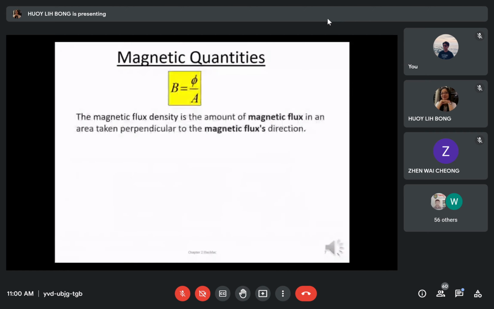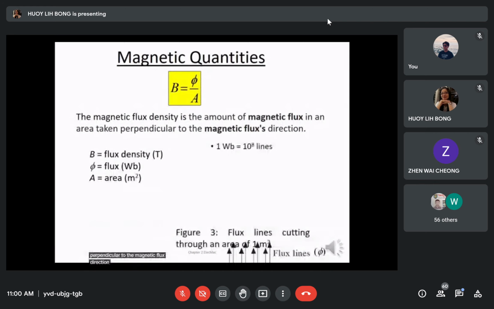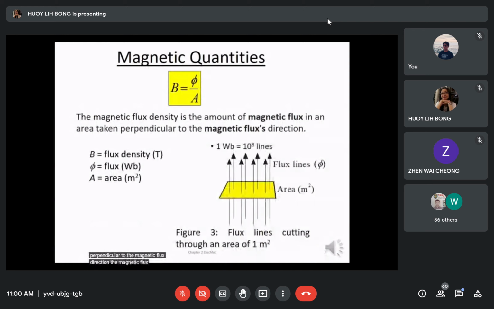Magnetic flux density is the amount of magnetic flux in an area taken perpendicular to the magnetic flux direction. The magnetic flux density SI unit is Tesla, and the flux is in Weber while the area is in square meters.